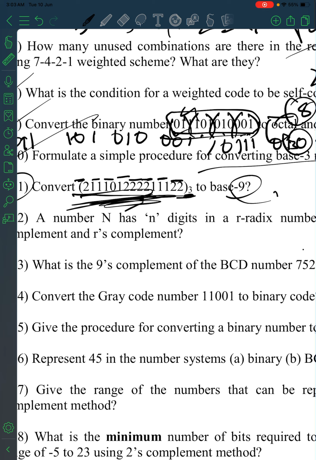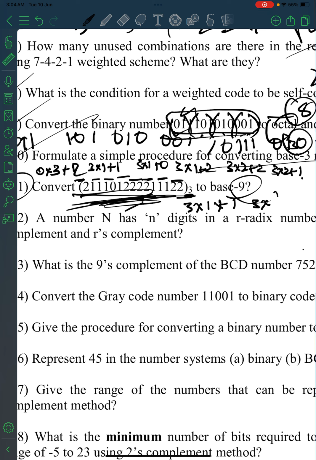It's a single, so 0 into 3 plus 2, 3 into 1 plus 1, 3 into 1 plus 0, 3 into 1 plus 2, 3 into 2 plus 2, 3 into 2 plus 1, 3 into 1 plus 1, 3 into 2 plus 2.